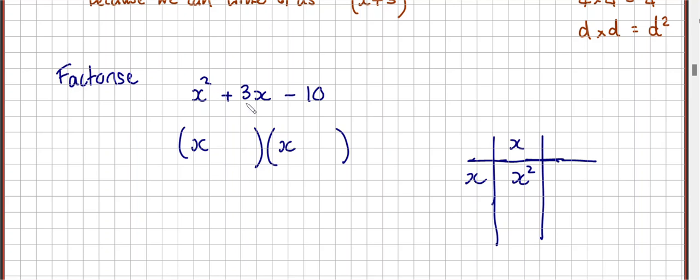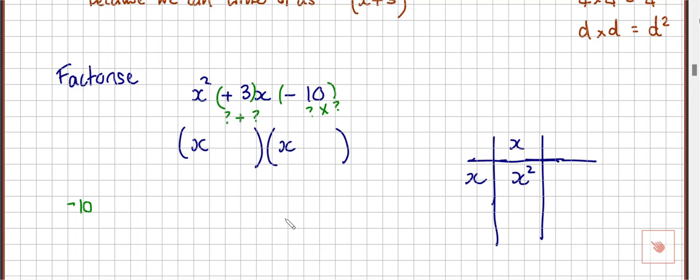We're now looking for two numbers that multiply to make negative 10. All right? So we want two numbers that multiply to make negative 10, and then add to make positive 3. So we might need to list our options for negative 10.